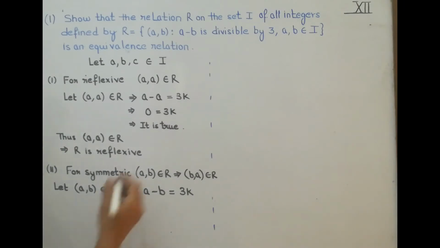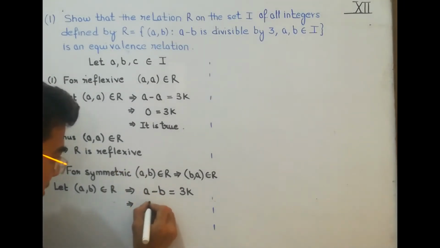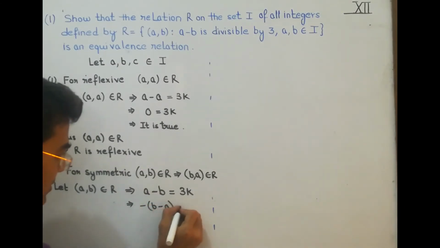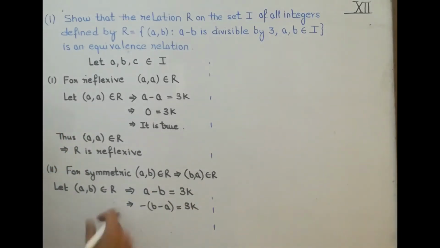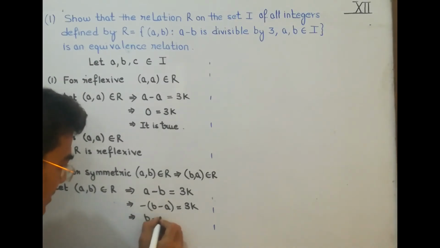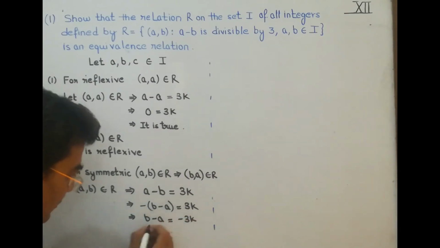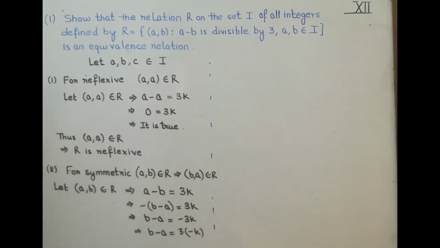Okay, now if you take the minus sign common, this will become b minus a is equal to minus 3k, or it can be written like this, b minus a is equal to minus 3k, where k is any integer.